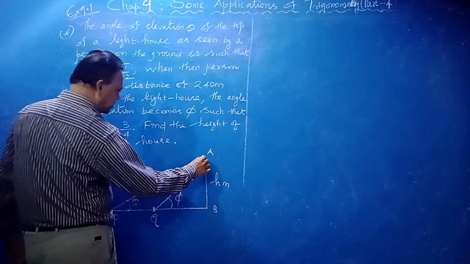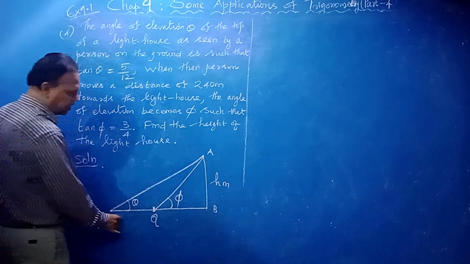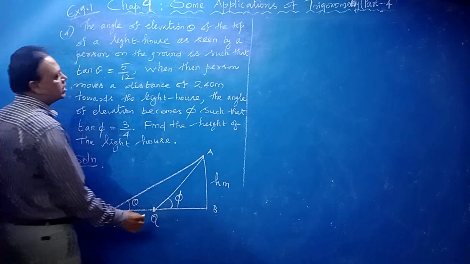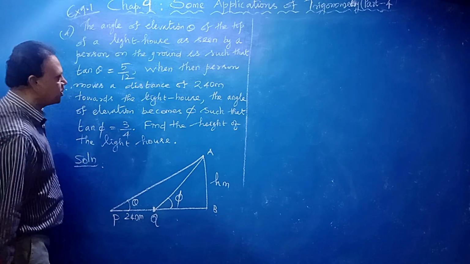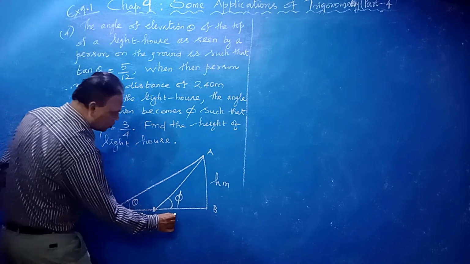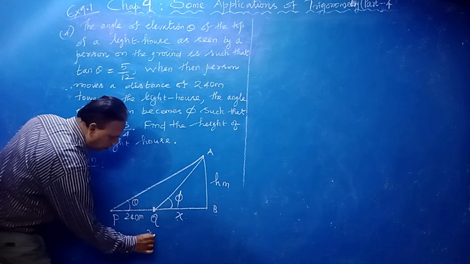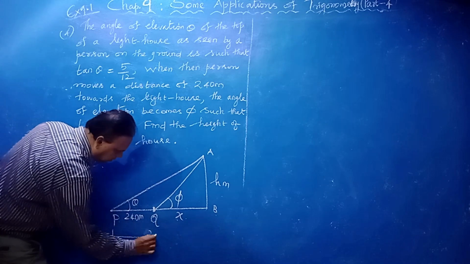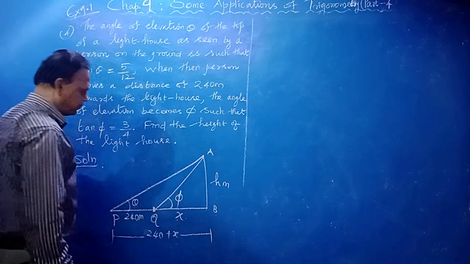Now this tan given, tan means opposite side by adjacent side. Adjacent side, first you take here 240 meter, it is given, towards tower. This one you don't know, so x you take. So from here to here, 240 plus x.